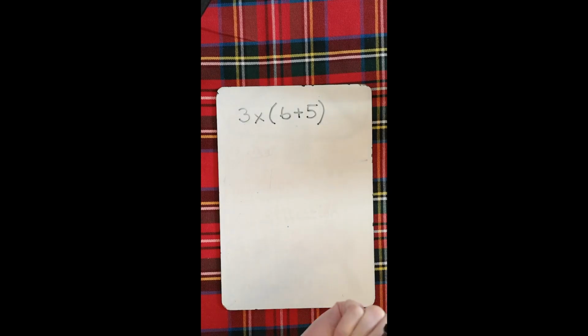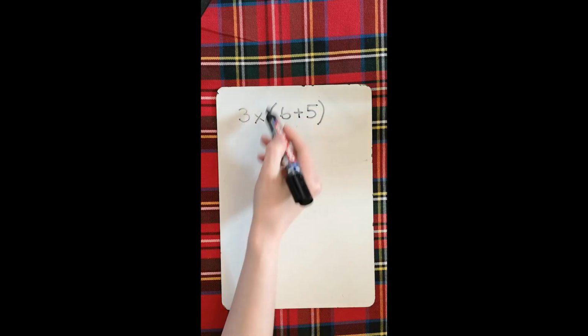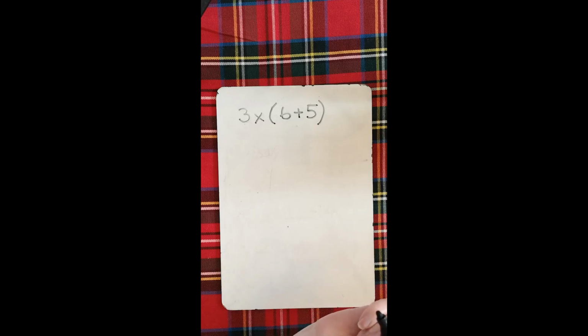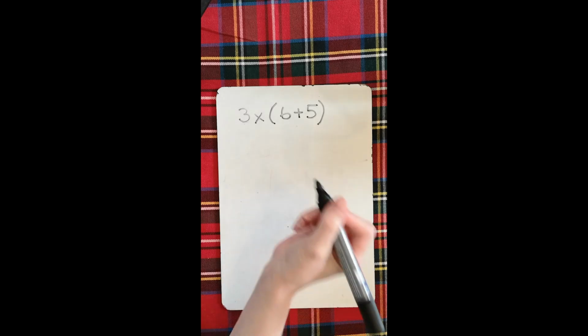Okay, I am going to think about the order of my operations. So our B stands for brackets. We have some brackets here, so we're going to solve those first. I like to solve BODMAS calculations step by step so that it's really clear what I've done, and then if I make a mistake I can easily find it.